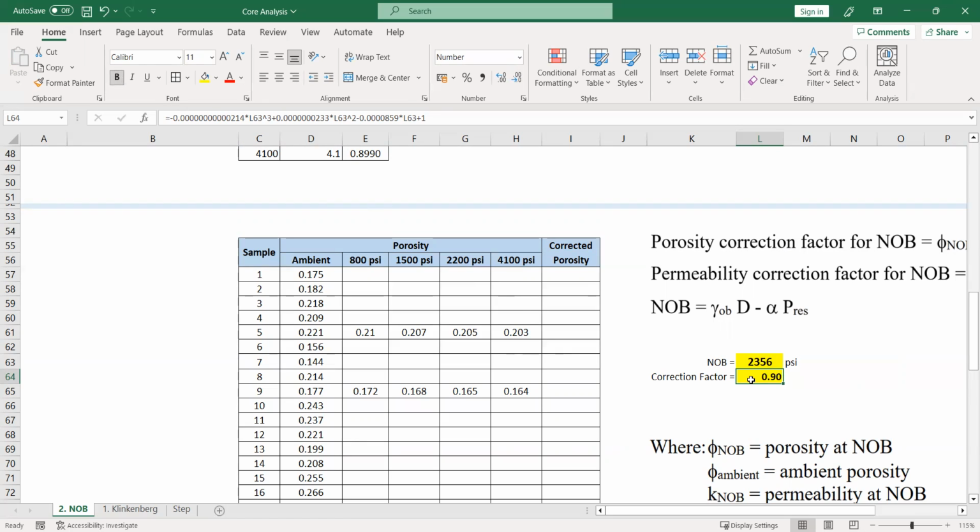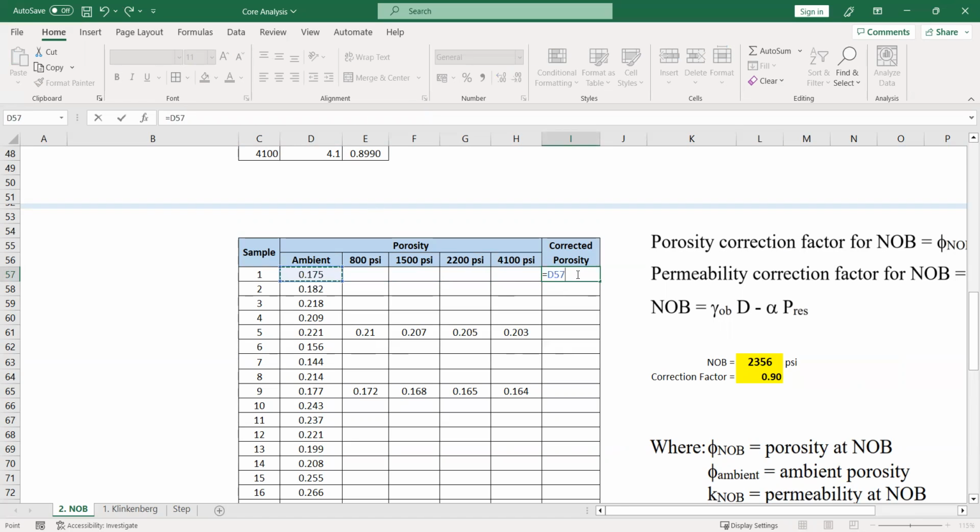And we will use this correction factor to correct the ambient porosity and translate it into the corrected porosity. It's very simple: the ambient porosity multiplied by the correction factor, and then lock the correction factor.